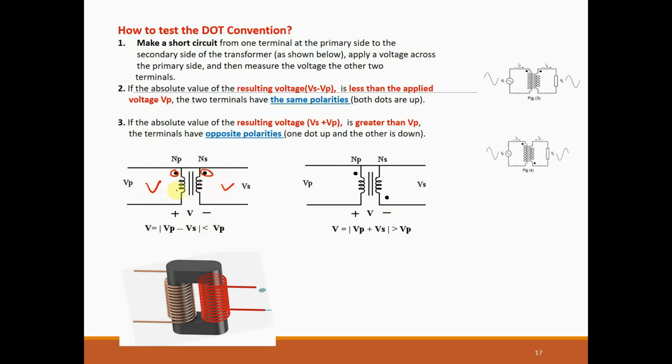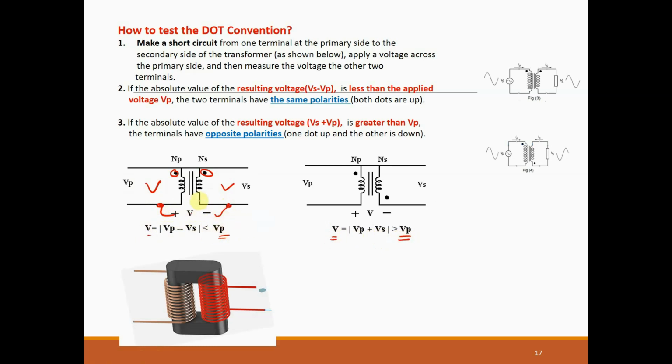So I can say that if the absolute value of VP minus VS is less than VP, right? If the value of V is less than VP, that means they are the same polarity, right? The same polarity. If the value of V is greater than VP, they have opposite polarity, because that means you're going to measure this voltage from here, right?